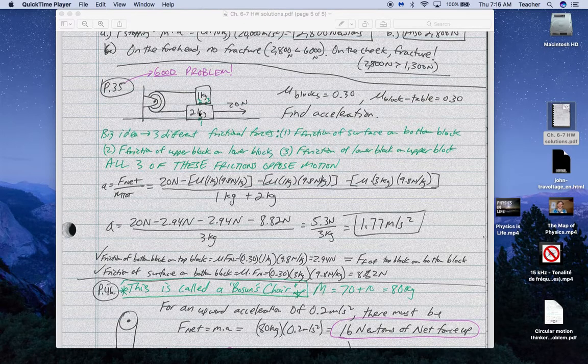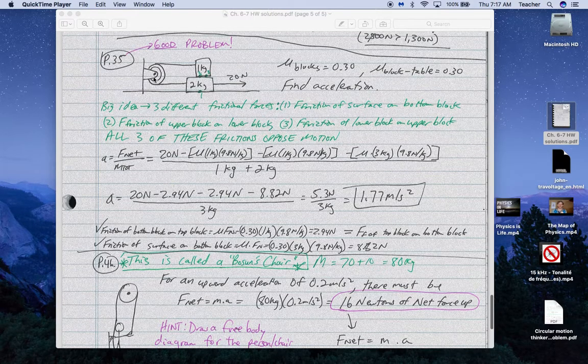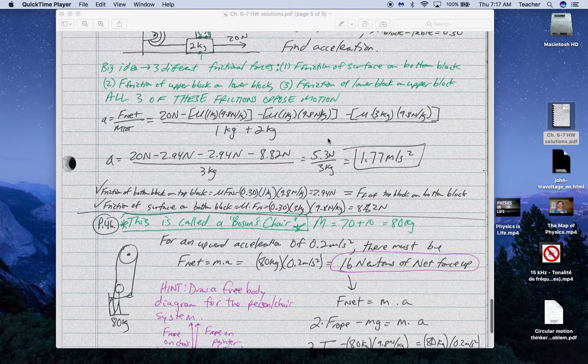Friction from the 2 kilogram block is acting on it to the right, thus slowing it down. Newton's third law with interactive forces says that if the force from 2 on 1 is acting to the right, the force from 1 on 2 is equal in magnitude and acting to the left. So that says that the friction with this 1 kilogram block is also acting to the left on the 2 kilogram block. So that is a sneaky thing. This is actually a really good thinking problem. I can only imagine it would get better if this pulley actually had some mass. So that's how I get my net acceleration.